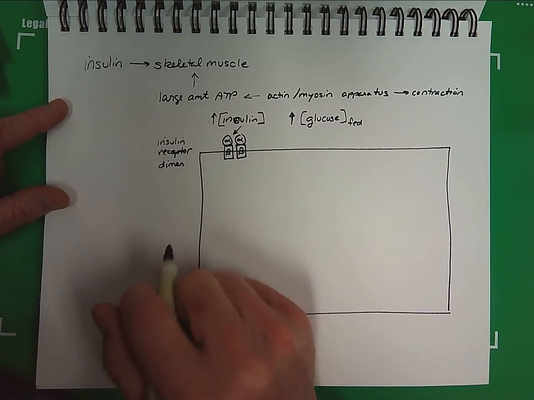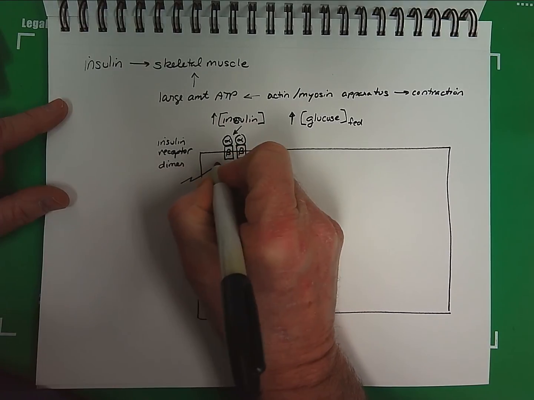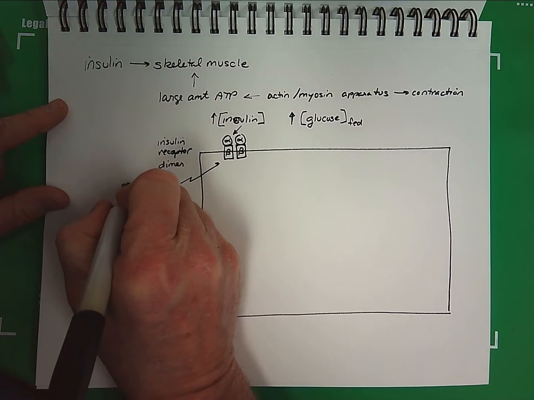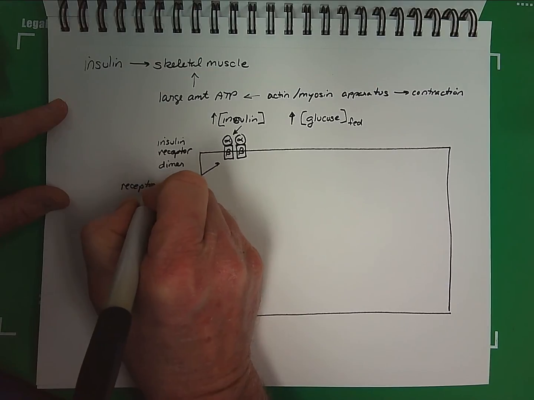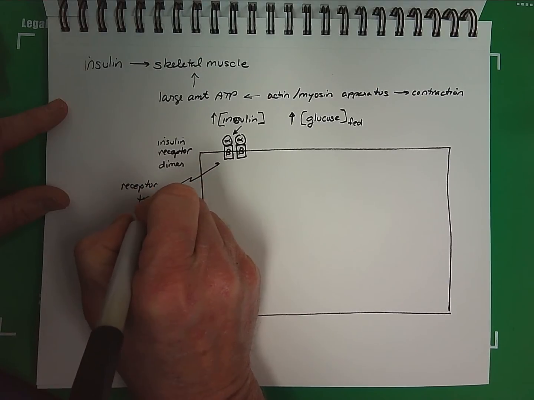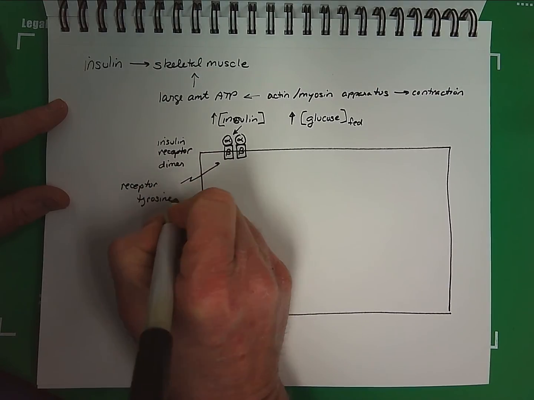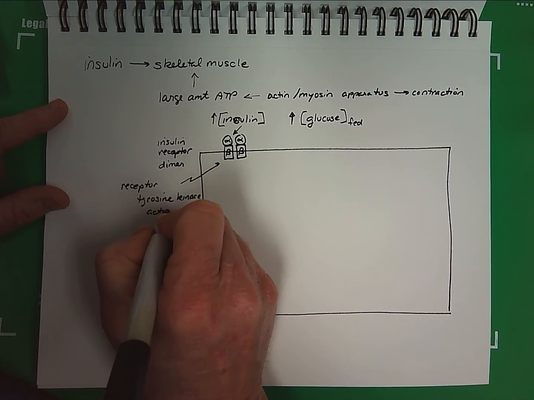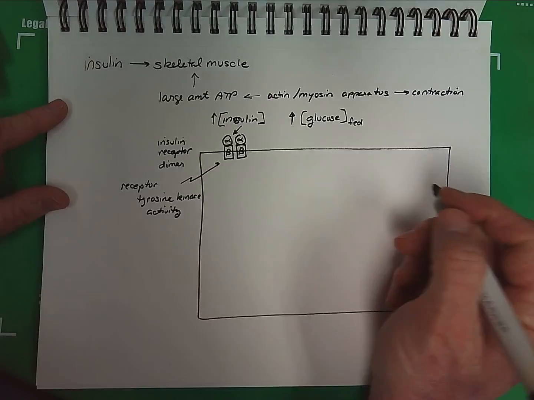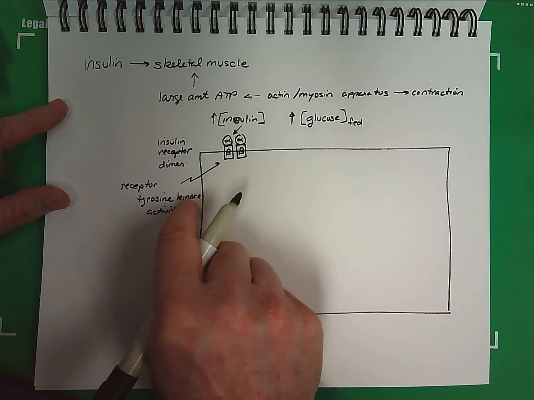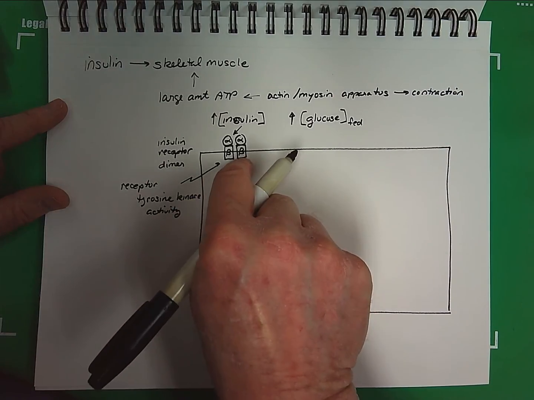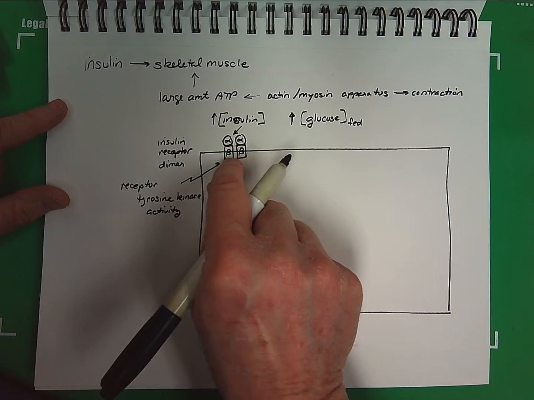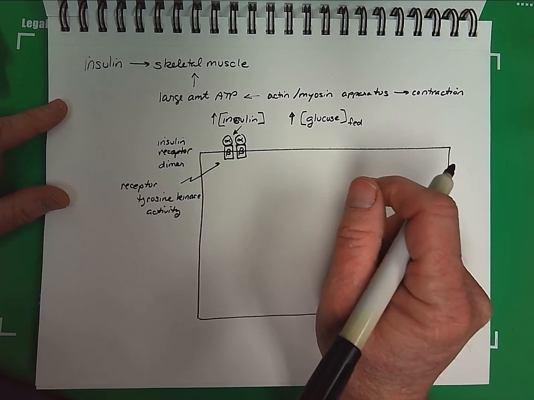Once insulin binds, what is activated in the receptor is what's called a receptor tyrosine kinase activity. What this simply is that there is a kinase activity in the beta subunit of each one of these dimers.